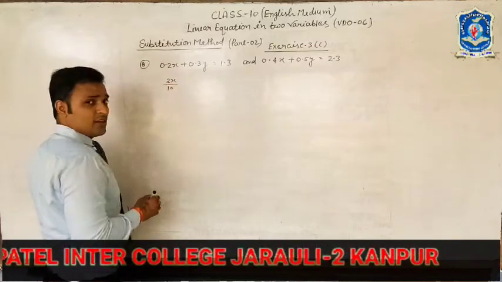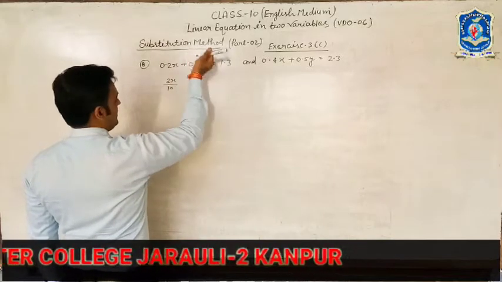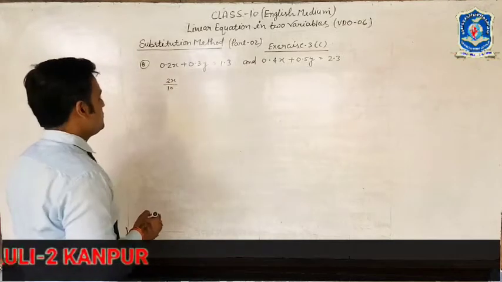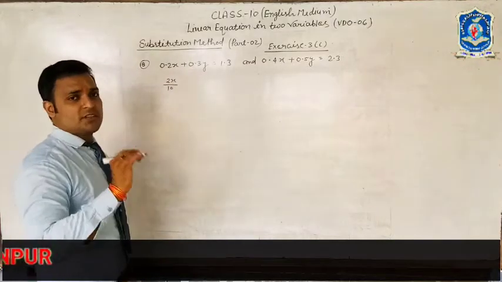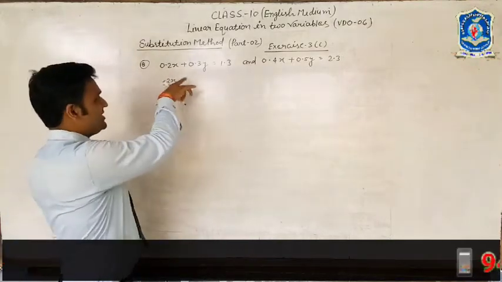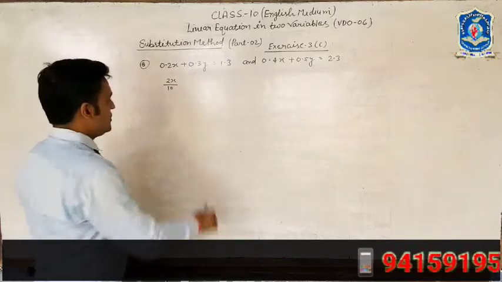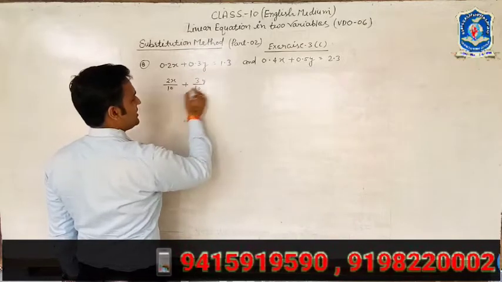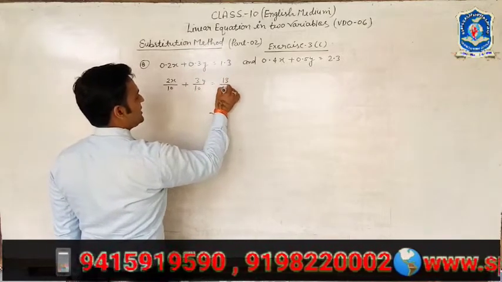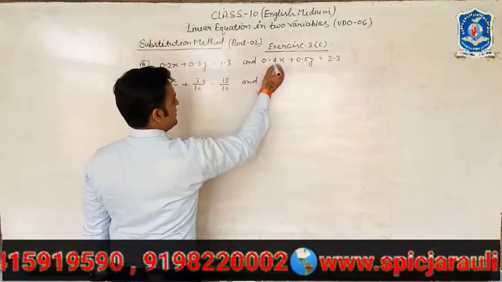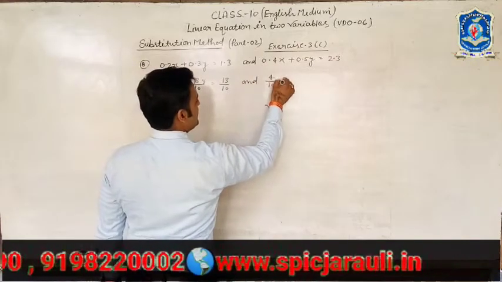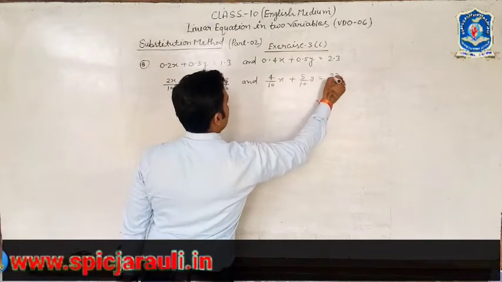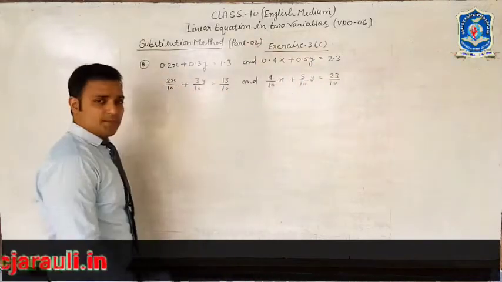Are you okay? डेसिमल को यहां से कट करेंगे और नीचे 0 इंक्रीज कर देंगे. 2x upon 10 is the fractional form of this linear equation in two variables. So 2x by 10 plus 3y by 10 is 13 by 10, and 4 by 10x plus 5 by 10y is equals to 23 upon 10. Okay?